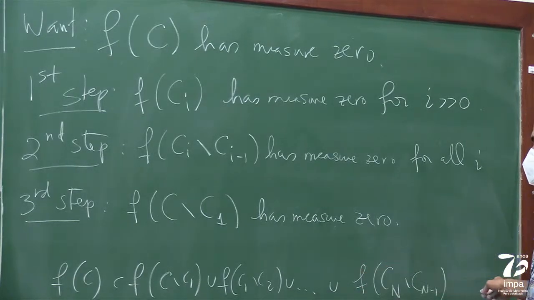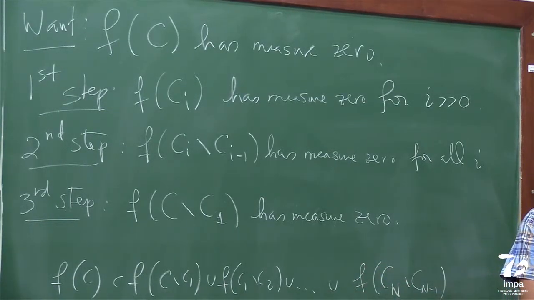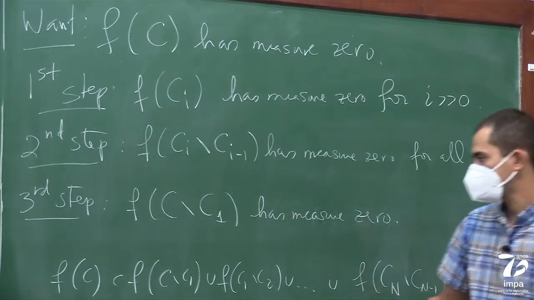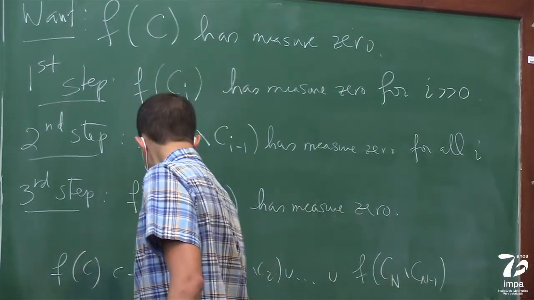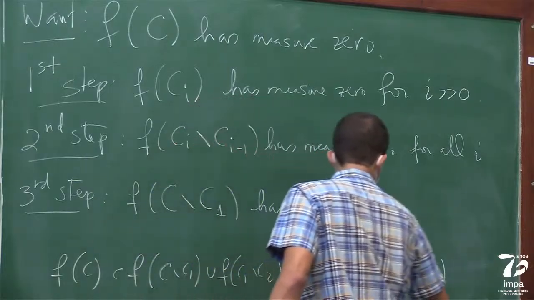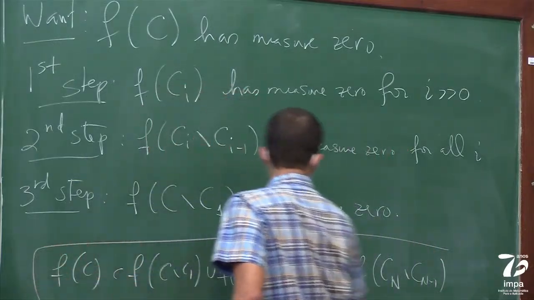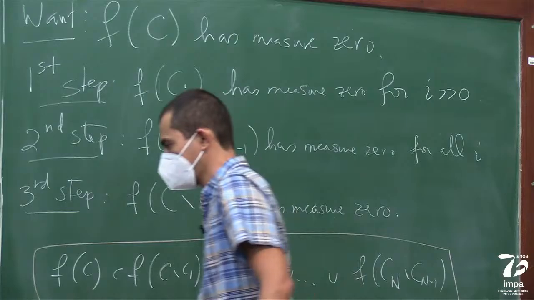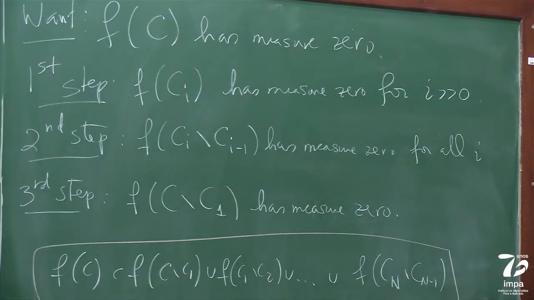And we know that all of these have measure 0. And you don't even have to take an infinite union, just a finite union. Okay, so let's do the first step.